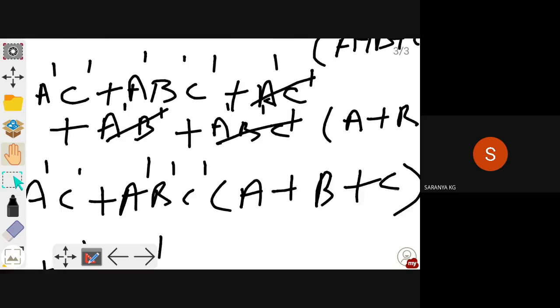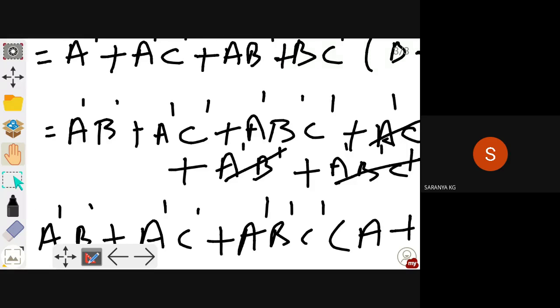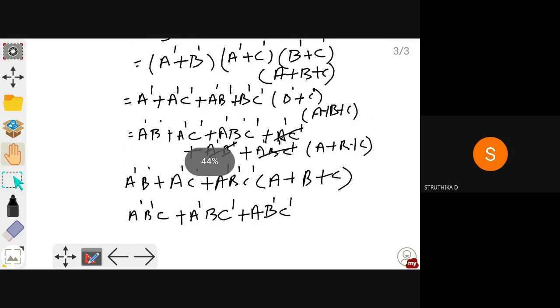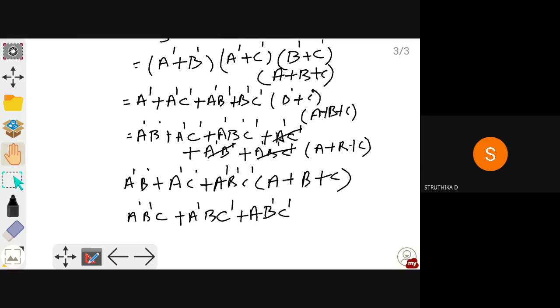I think another term is missing, A B dash C dash. So multiply in your notebook and tell me the answer.